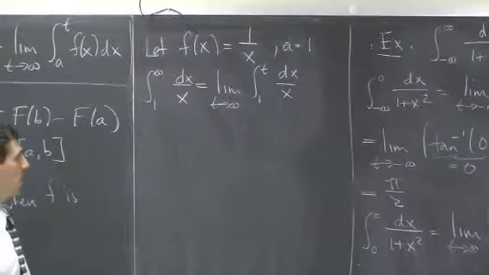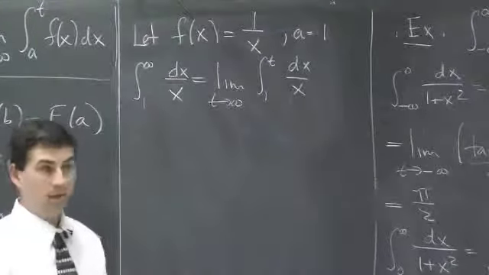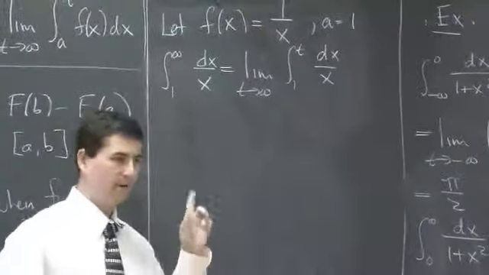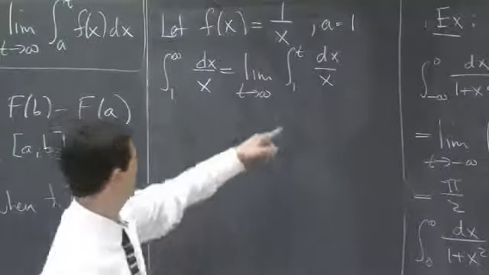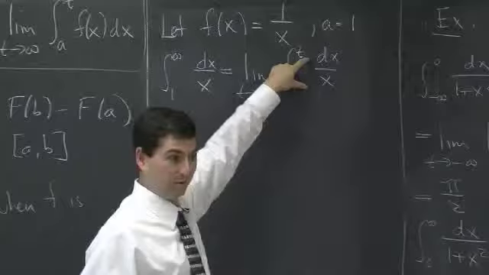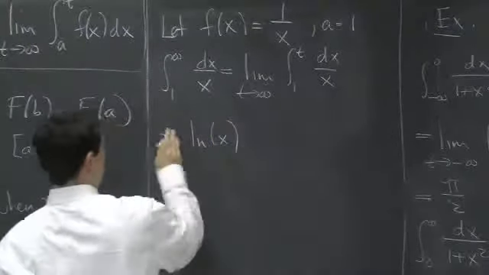Now, what's an antiderivative for 1 over x? ln of absolute value of x. Do we have to worry about the absolute value here? No, because all of our inputs are going to be positive numbers. So this is ln of x. Oops, forgot the limit.